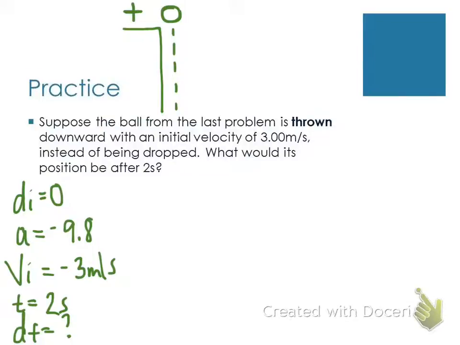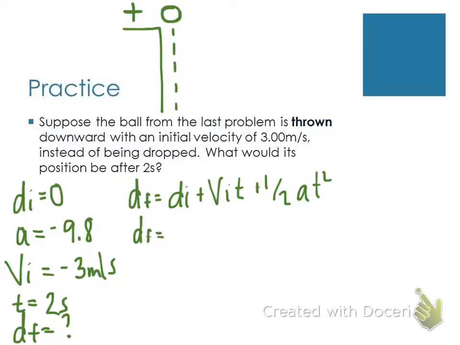Can we use the same equation here? Yes, we can, but we have one term that we cannot make 0 anymore, because our initial velocity is no longer 0. So displacement final is equal to d sub i plus vi t plus 1/2 a t squared.